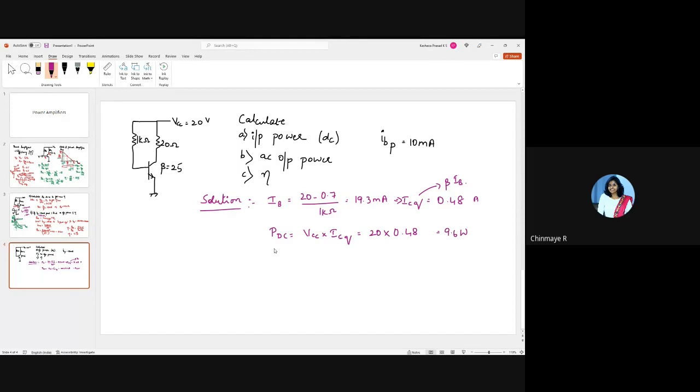Okay. So now let's calculate PAC. To calculate PAC, first we'll need IC peak, which is nothing but IB peak into beta. How much is that? 10 milli into 25, right? That's 250 milli.